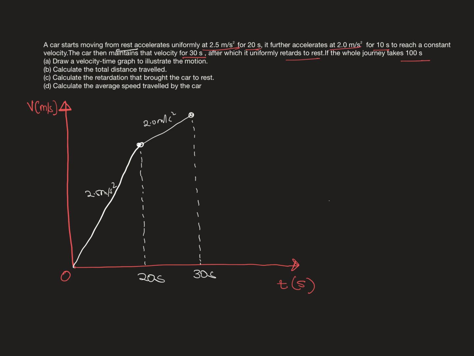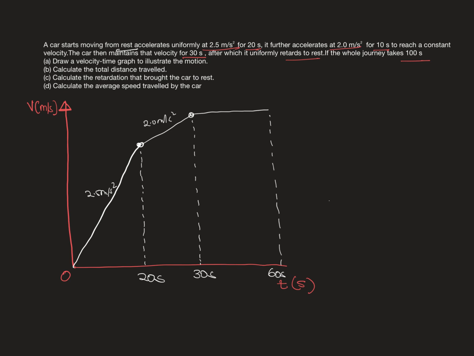The car reaches a constant velocity, and then maintains that constant velocity for 30 seconds. So if we add it to the previous, we're going to have a total of 60 seconds. All right. Then later on, what happens to the car?